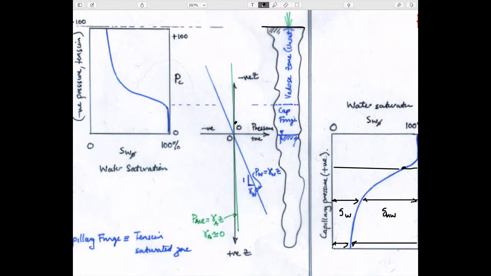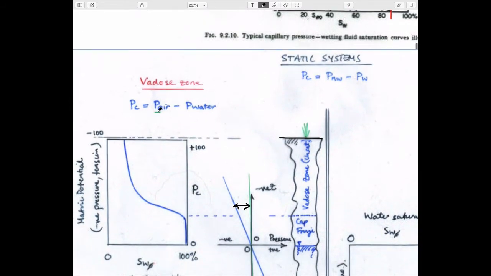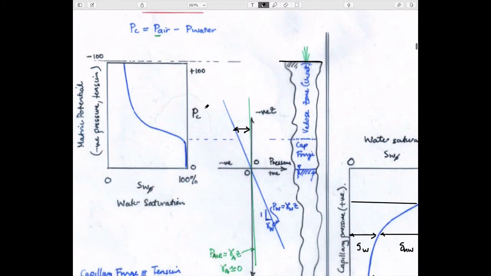If you go up in the atmosphere, the pressure decreases much more slowly than it would do in a water column. And for the same reasons as before, the difference between these two pressures, by definition, is the capillary pressure. Here the capillary pressure is the difference between the non-wetting fluid minus the wetting fluid. It happens to be the air minus the water pressure.